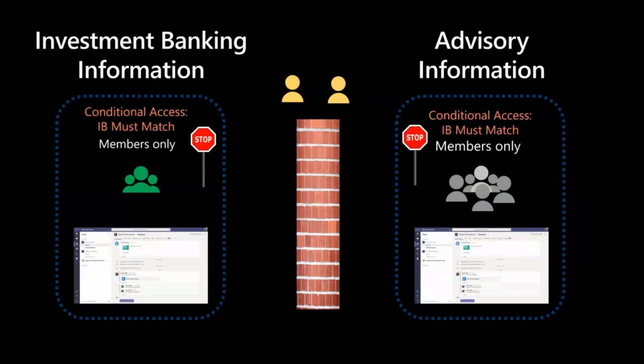If I am an investment banker, Sesha, and now I'm trying to share a file with, let's say, Nikita, and she happens to be an advisory user, or Vesa, who happens to be coming from the rest of the organization in my company, then I will be blocked from sharing that particular site or a file in the site, mainly because I am the investment banker and I'm also working in the context of the SharePoint site that is flagged as meant for investment bankers.